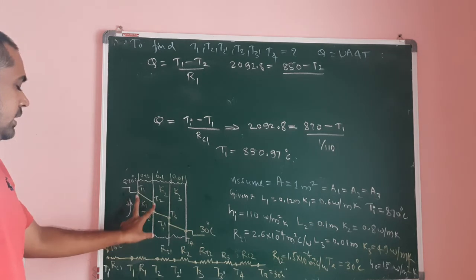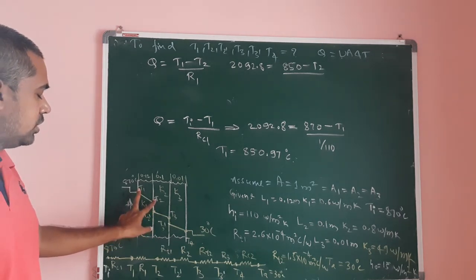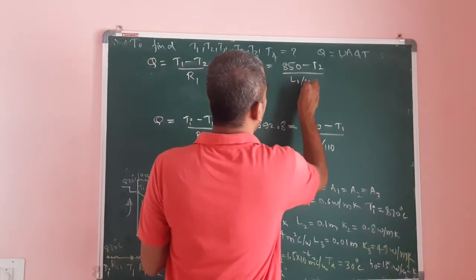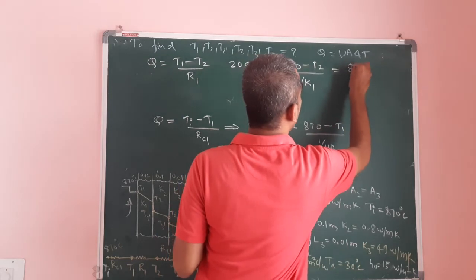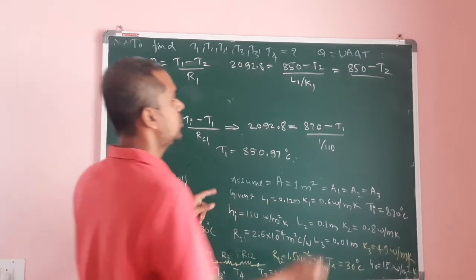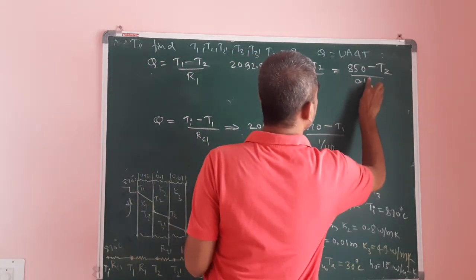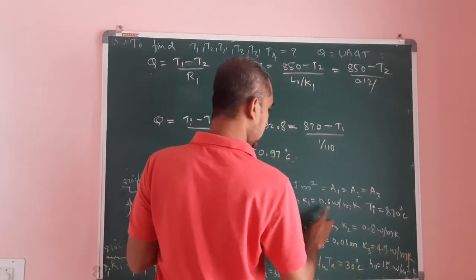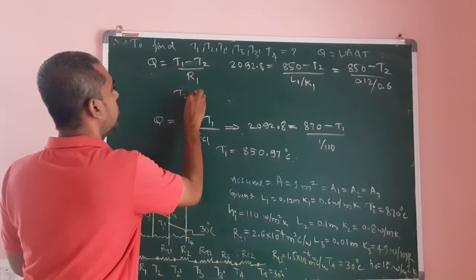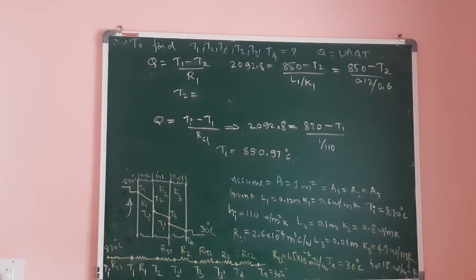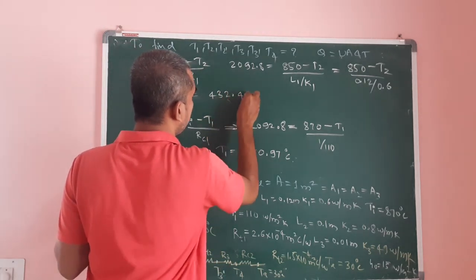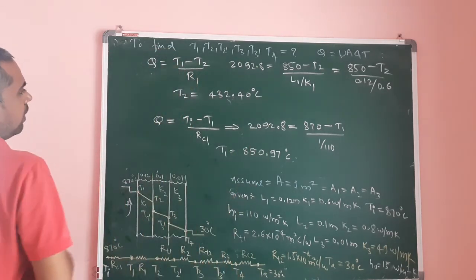R1 is the conduction thermal resistance from T1 to T2, that is L1 divided by K1. L1 is 0.12 divided by K1, which is 0.6. If you solve this, you will get T2 as 432.40 degrees Celsius.